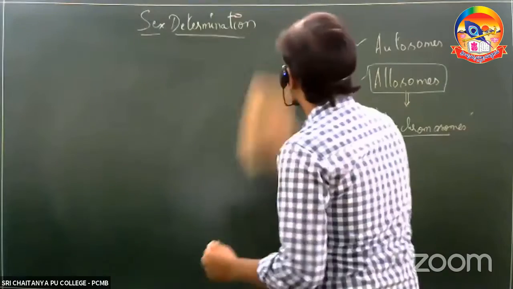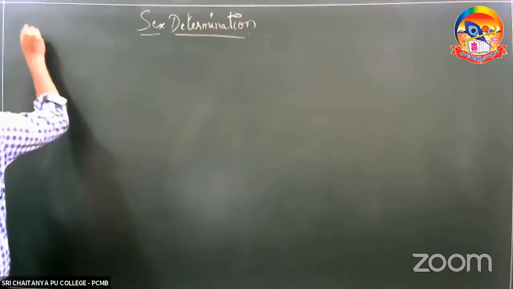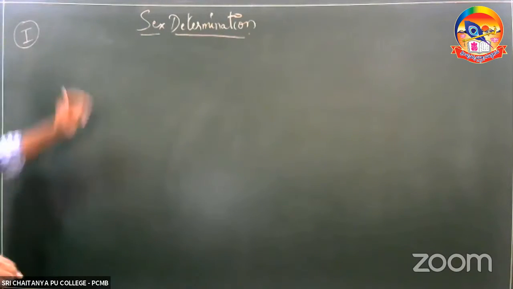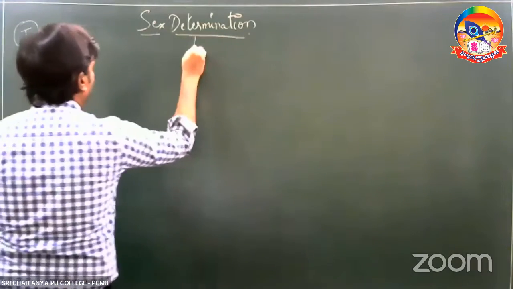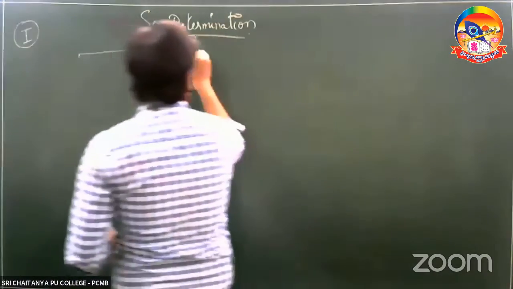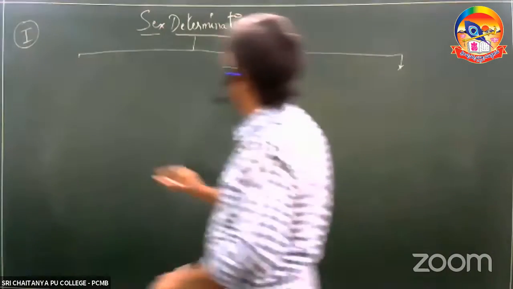Remember, we are talking about the first type of sex determination, which is the chromosomal basis of sex determination. Now, under chromosomal basis of sex determination, we would have two different types of sex determinations present.